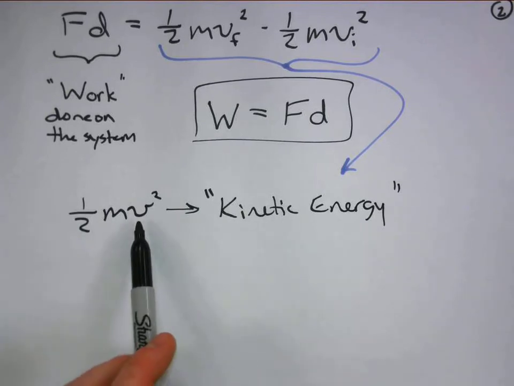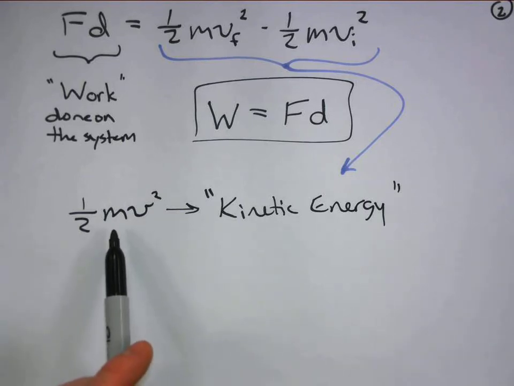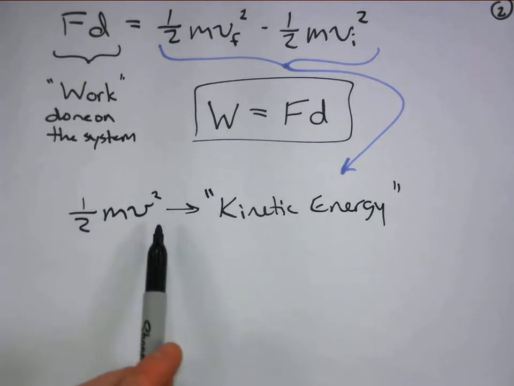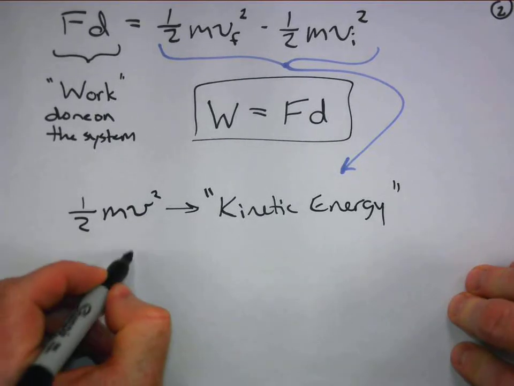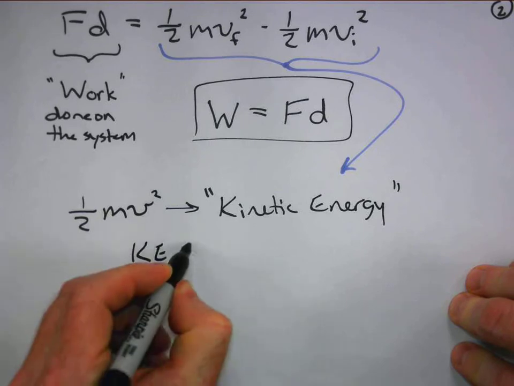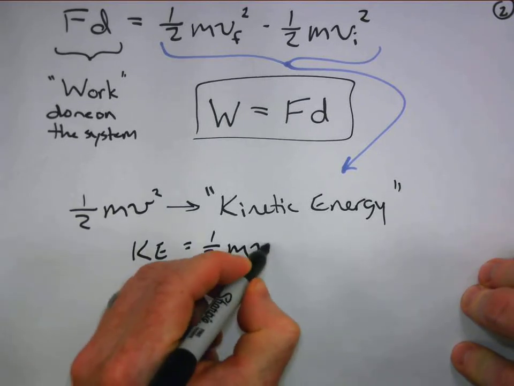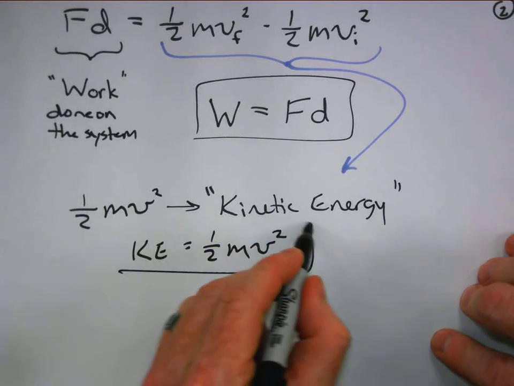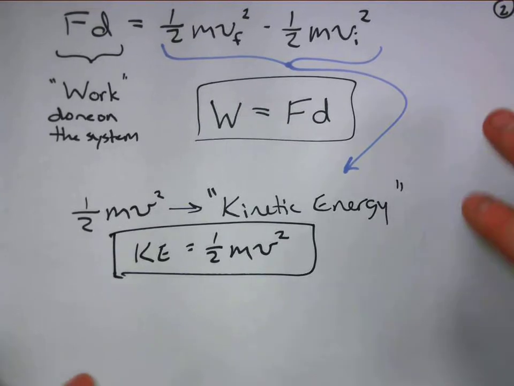So we have motion here, there's velocity, and there's an object. All objects will have mass. So anything that is moving will have kinetic energy. All right. And so we usually say KE, or sometimes just K, but KE is 1/2 mv squared. That's another equation you want to be familiar with and be able to use.